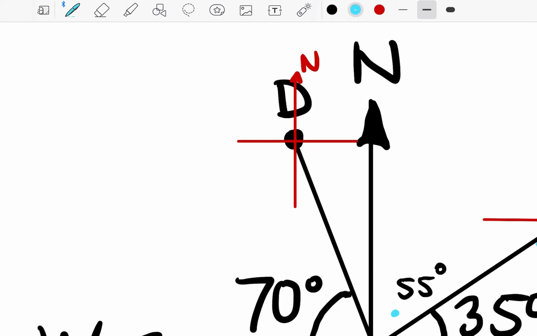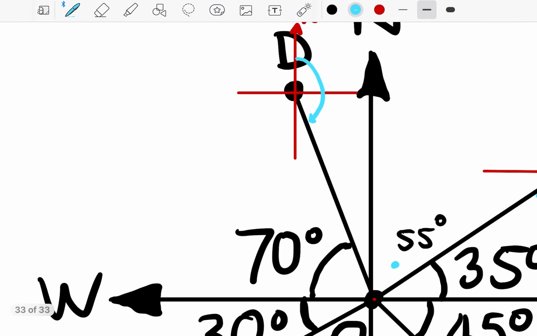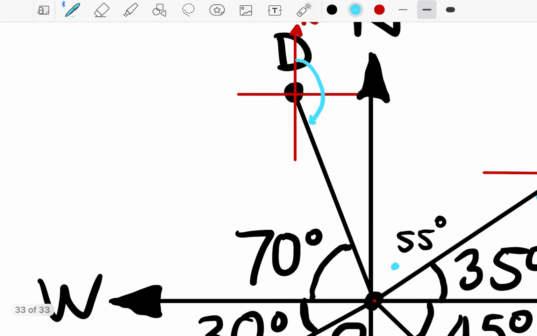We're going round from here until we reach this line here. We haven't quite done a full 180 degrees, but that's okay. When you look at it, we've definitely done 90 degrees, and we know that in here is 70 degrees, so that means here is also 70 degrees.